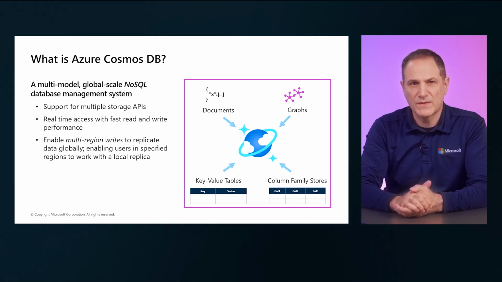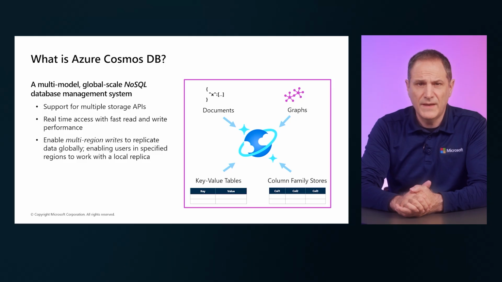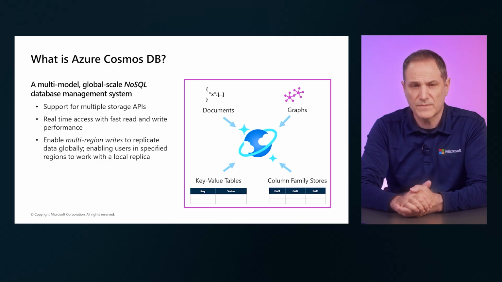Cosmos DB supports application development patterns that rely on dynamic structures, event-driven ingestion, and distributed access. With this ability to run at any scale, from small prototypes to high-traffic global applications, it has become a core component in many cloud-native solutions.